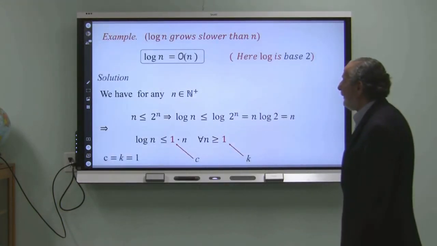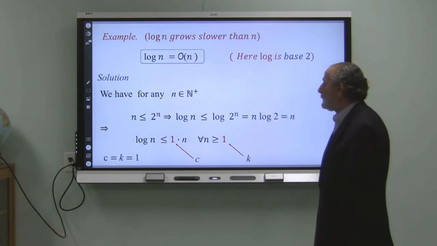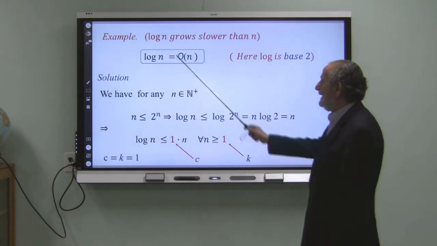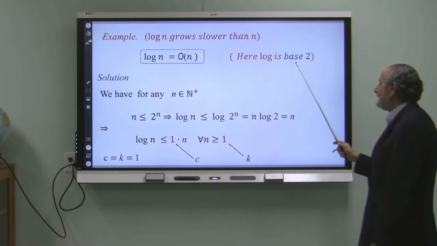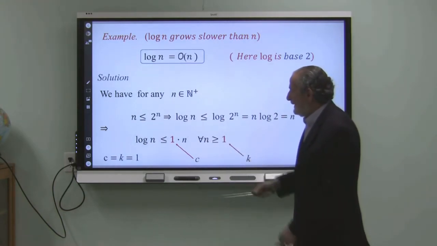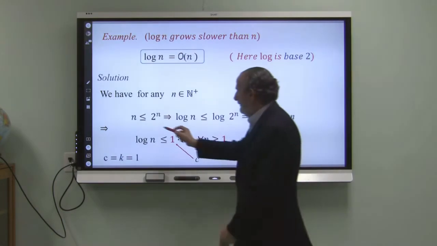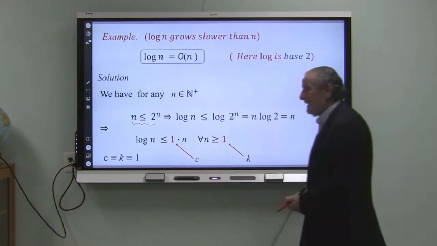Now, this is very important: log n is lower than n. It grows slower than n. Log n is less or equal than n. And here the log is base 2. We can show this really easily. n is less or equal than 2 to the power n for any n.